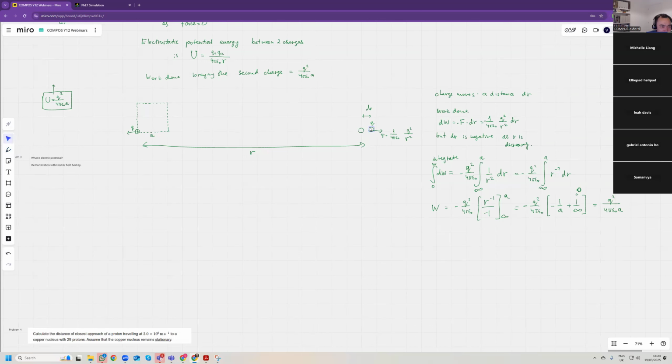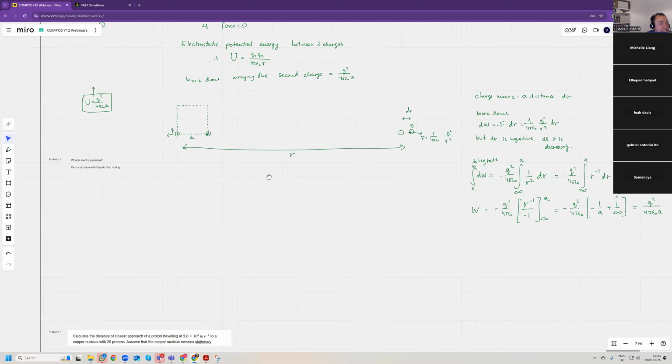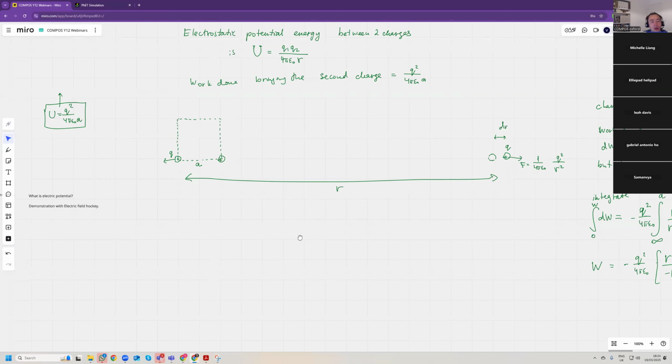I don't think I'll do the integral for the third one. I'll just use the potential energy.